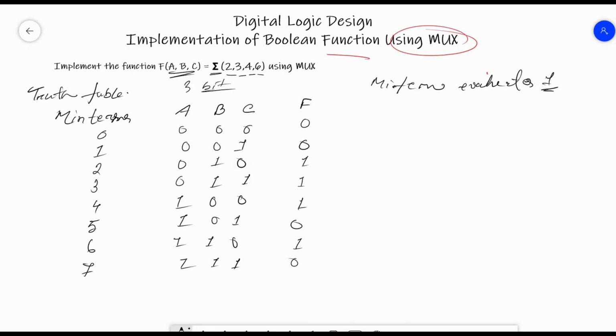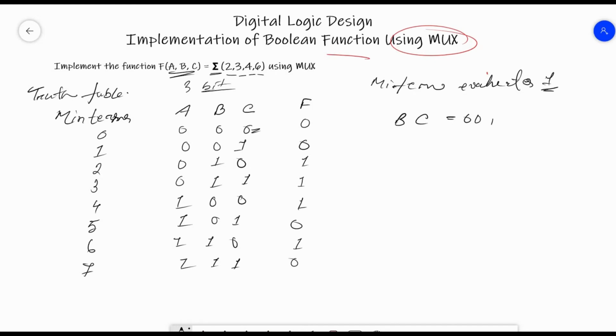As we need to design the multiplexer circuit, before that we need to do something. For the first one here we can observe that BC equals 0, 0.